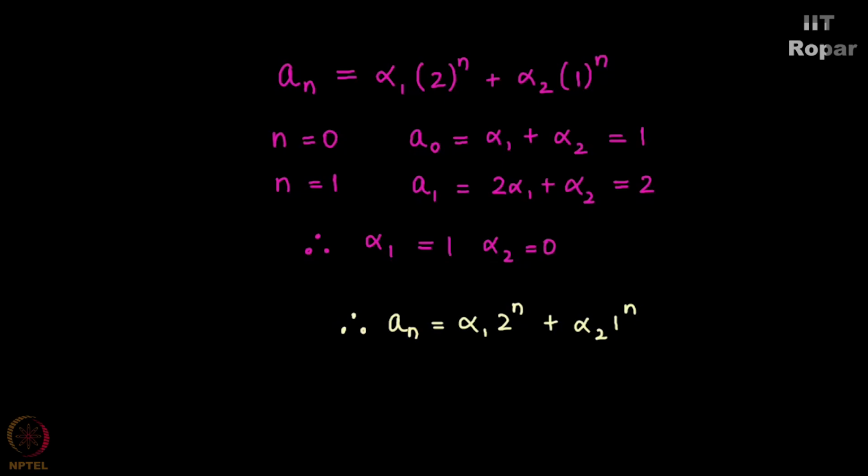Substituting for alpha 1 and alpha 2, I get 1 times 2 to the n plus 0 times 1 to the n, and hence your final solution will be an equals 2 to the n. So, this is the solution for the recurrence relation that we initially started with.